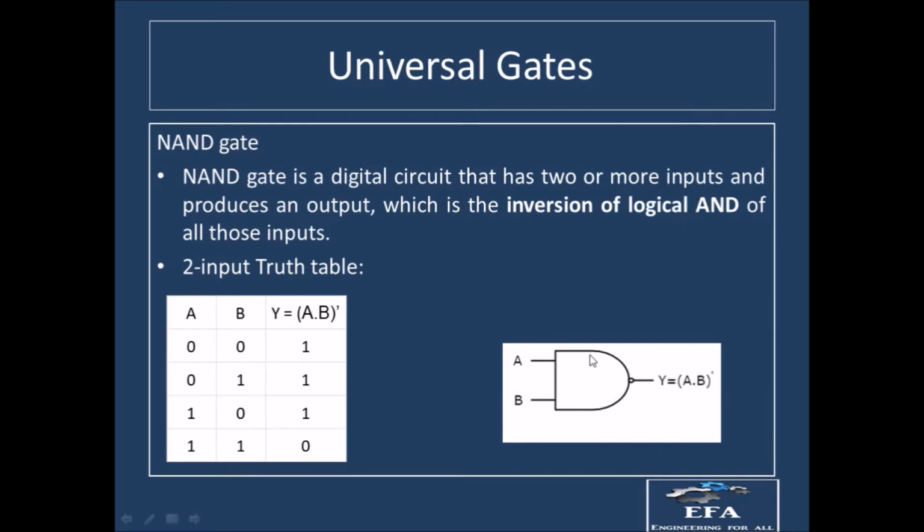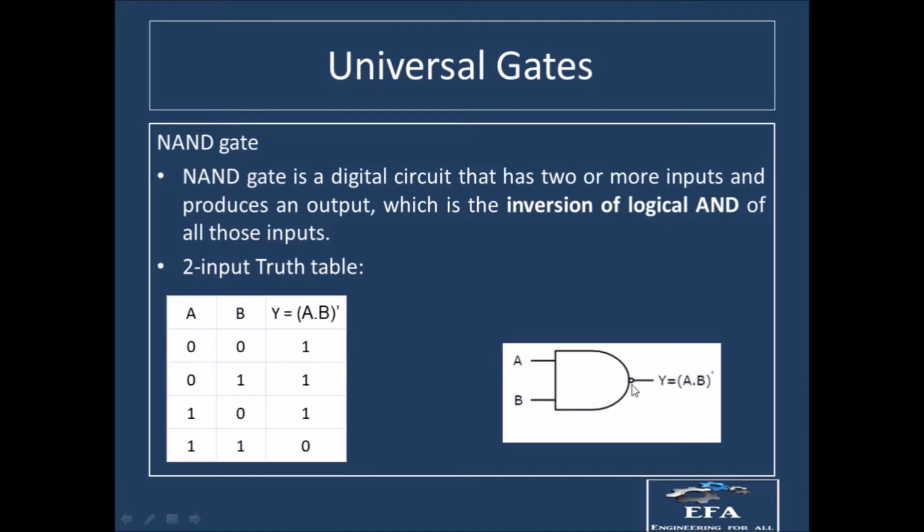So this is the symbol of the NAND gate, where you can see this is again the basic symbol where we have only two inputs, and this is the symbol of the AND gate, right? After this AND gate we have put a bubble. This bubble represents the NOT, right? Whatever comes from this AND gate, after the combination of A and B, its complement will be taken over here.